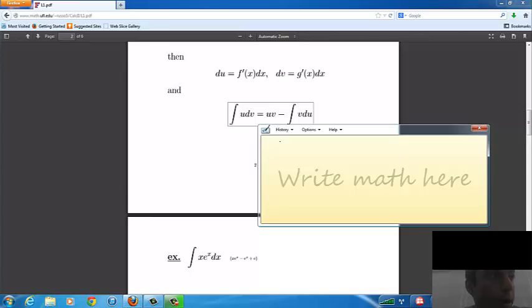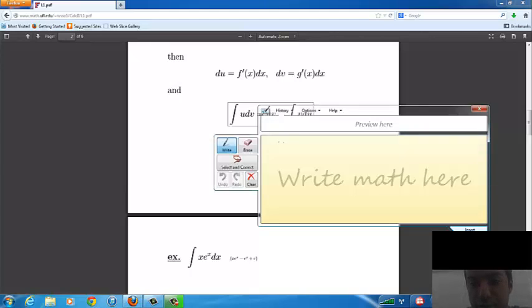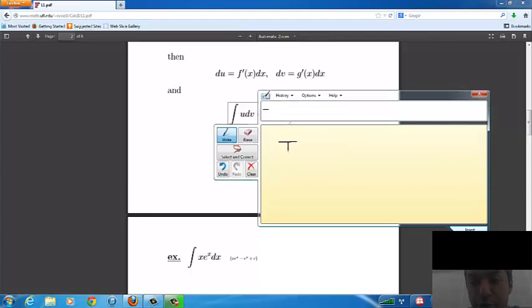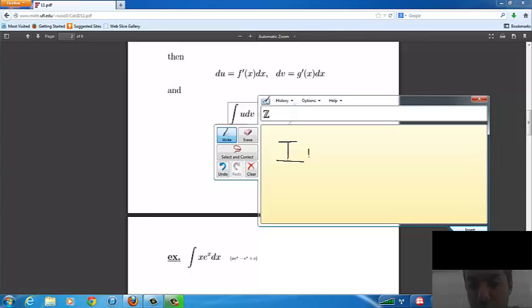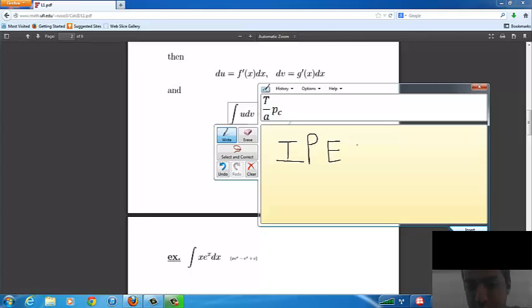technique that you use to pick your u and your v. The method is called IPET. It's just something that you have to memorize, and that's pretty much all Calc 2 is, memorization.